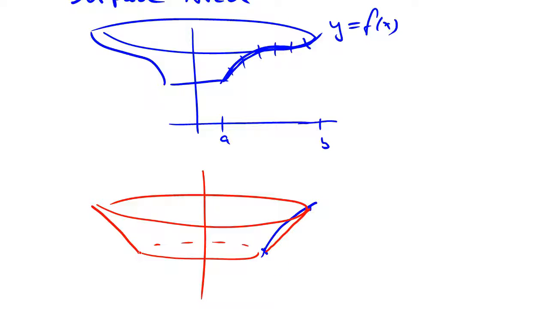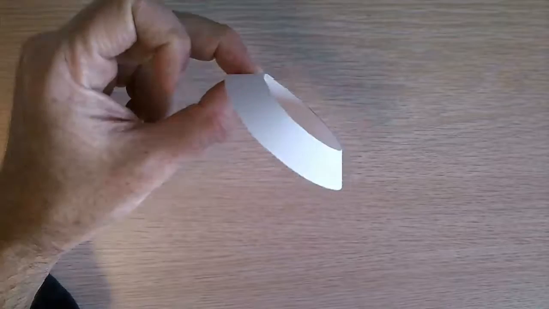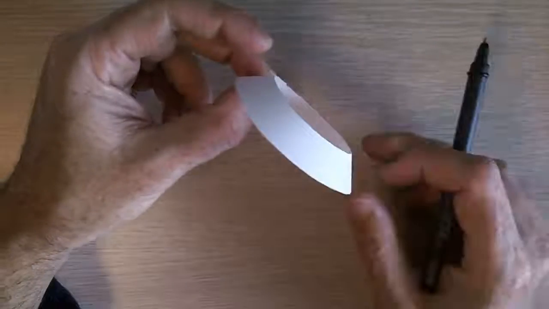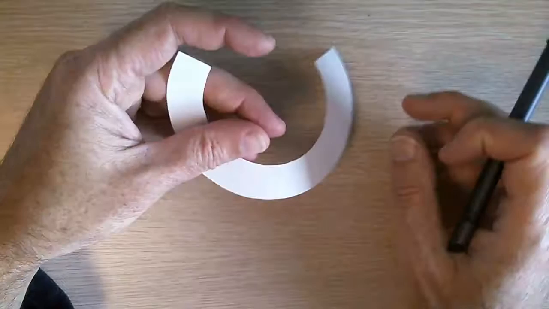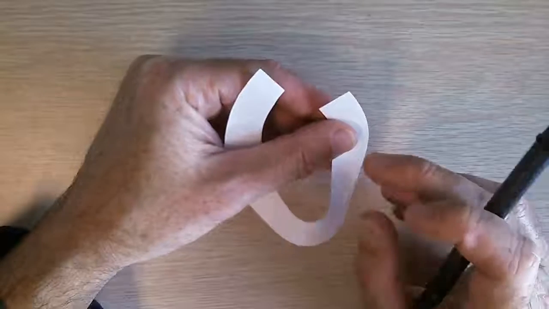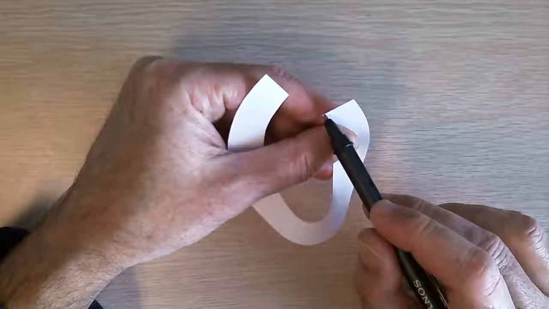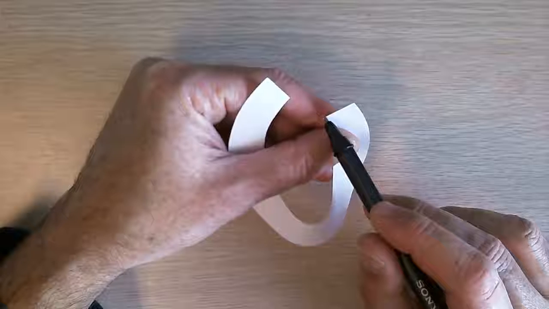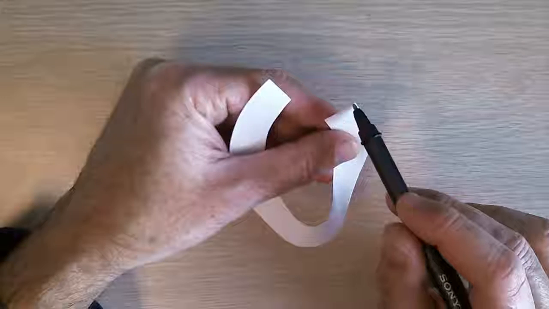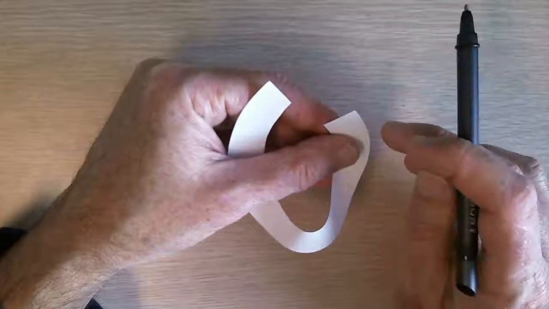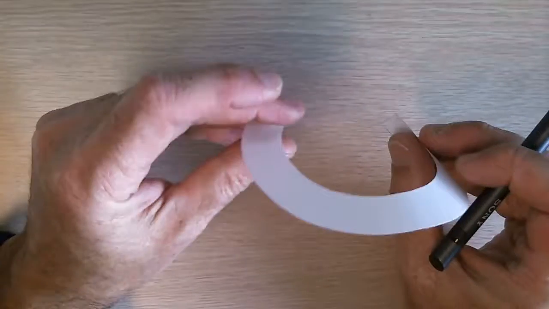In order to show this, I want to switch to the camera for a moment. So here's the kind of thing I'm talking about. We start with a line segment. Just think about that one edge there as being the little piece of the arc. And then you take that and you rotate it around some axis.